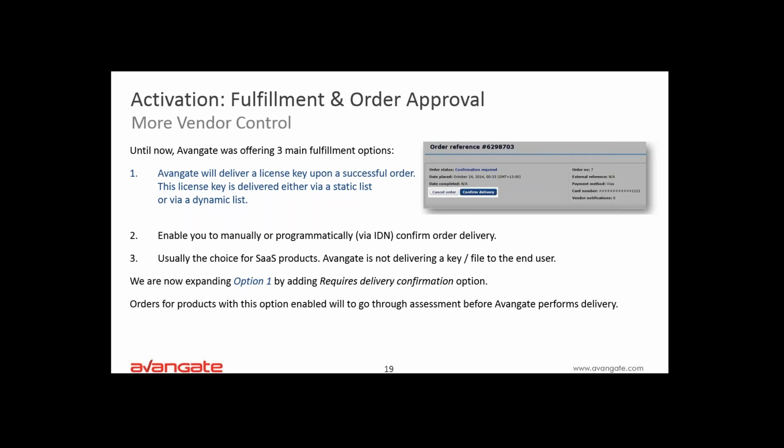So for instance, the examples that we've heard of so far were you wanting to offer only to certain customers, returning customers, specific products, new products, thus wanting to have control over who gets what and approve the delivery on Avangate side.